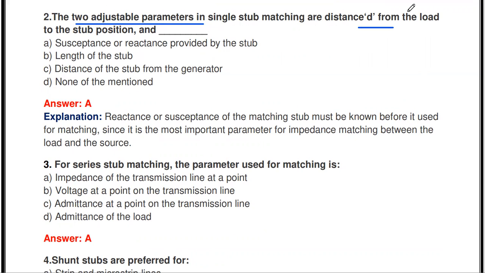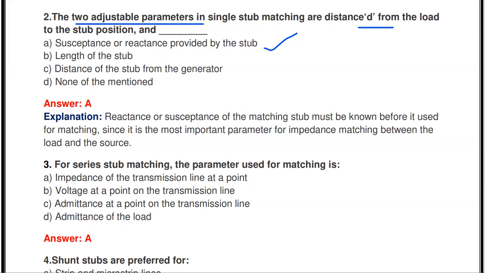And what is the other one? The options are: the susceptance or reactance provided by the stub, length of the stub, the distance of the stub from the generator, none of the mentioned. So the two adjustable parameters are the distance d and the susceptance or reactance provided by the stub.